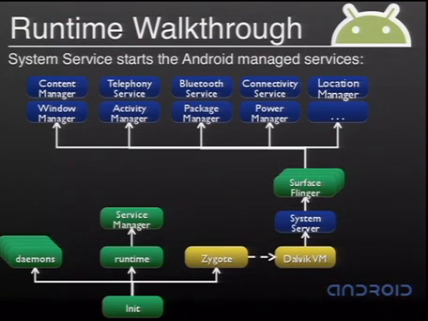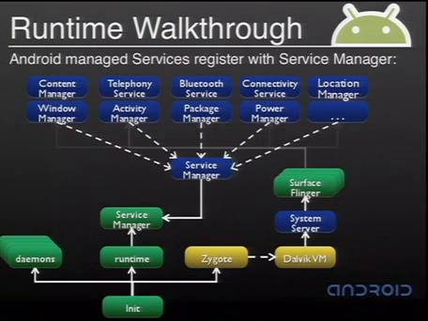And the next thing that the system server is going to do is start up all of those core platform services and hardware services that we talked about earlier. So the content manager, the telephony service, the activity manager, the window manager. And it's starting all of those up within this same process. In the same way, these are going to register. And they actually register through a Java proxy object, which is basically a pass down to the service manager here.